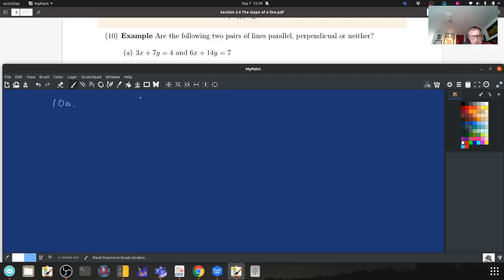So I have two lines: 3x plus 7y is equal to 4, and over here, 6x plus 14y is equal to 7. So let's solve each one of these for y. So 7y, taking the 3x and putting it on the other side, it becomes negative. Then I'm going to divide every term through by 7.